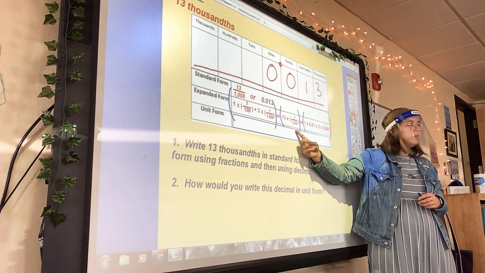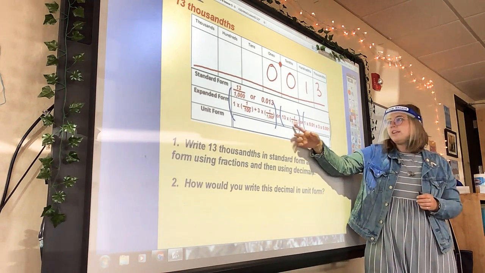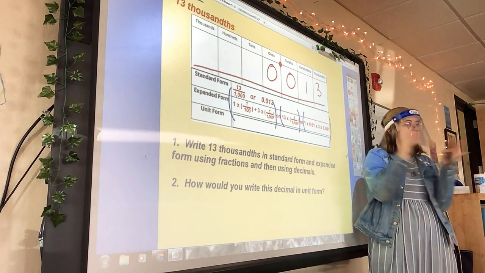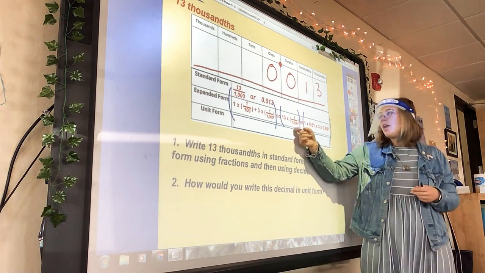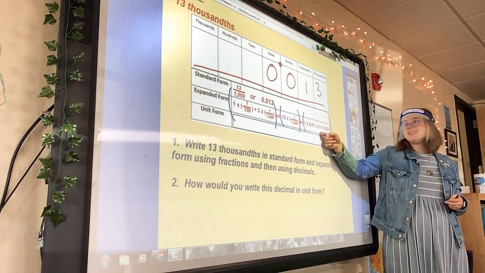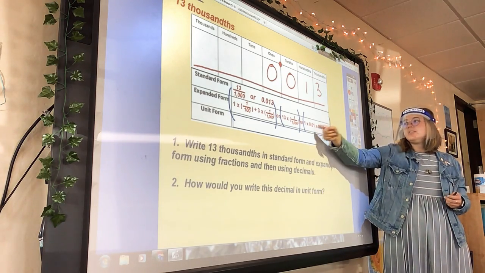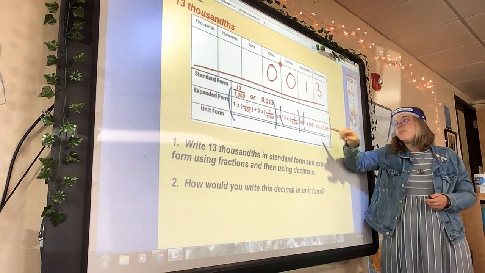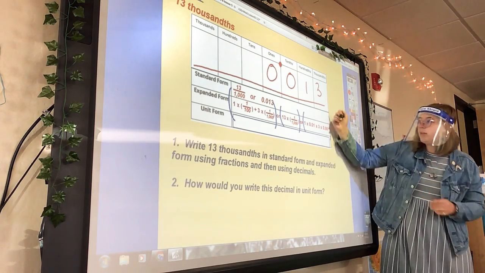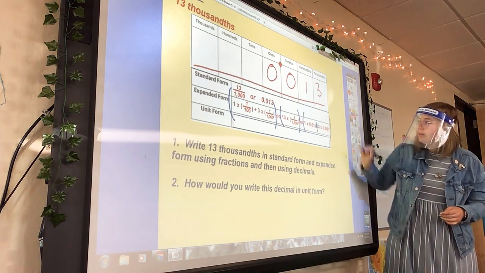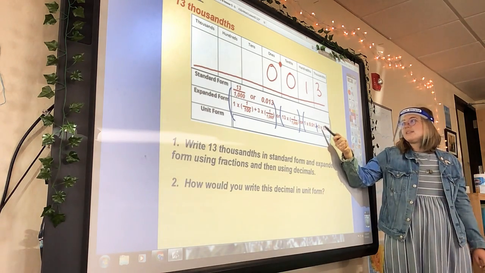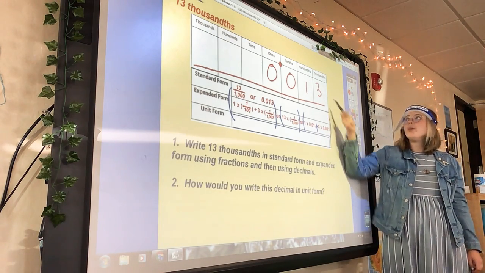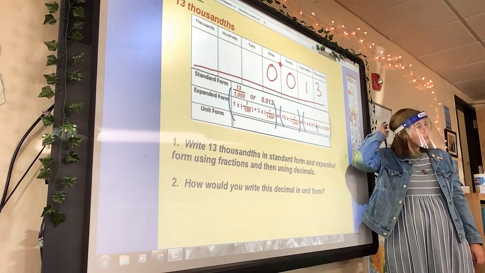Anyone? Okay. Good. So that one's probably the most succinct. Or you could do it in decimal form where it says 1 copy of 0.01, which is hundredths. And this should be a plus. Plus 3 copies of 0.001, which is thousandths. Okay. Charlie?